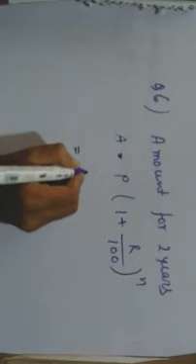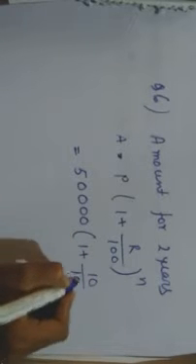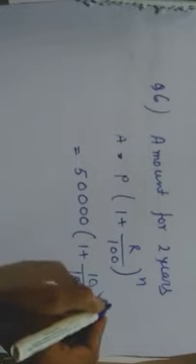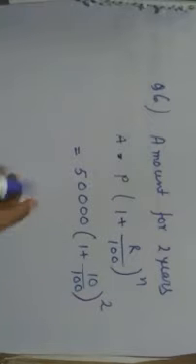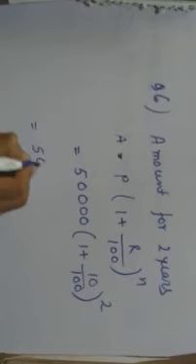Here principal is 50,000. Rate of interest is 10. And time will be 2 years, so n will become 2. Now take LCM, 100 into 100. 100 plus 10 is 110. 50,000, and the square means you have to write it 2 times: 110 and 110 over 100 and 100.